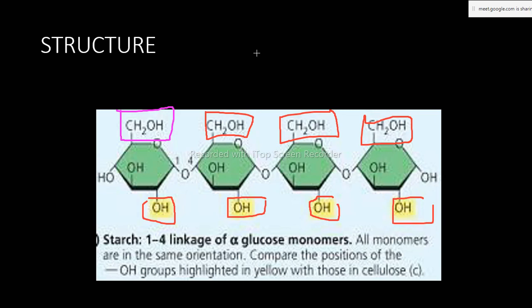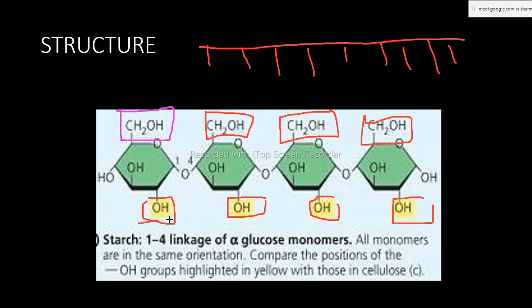So now, when you get two strands of, for instance, starch, because these OH groups are oriented on the same side, and by the way, they are also oriented inwards, then these OH groups can form cross linkages with each other.